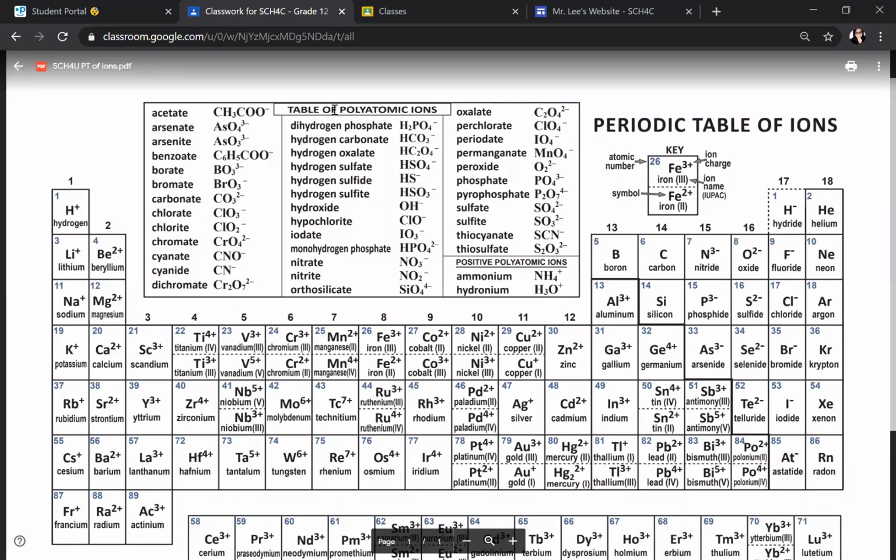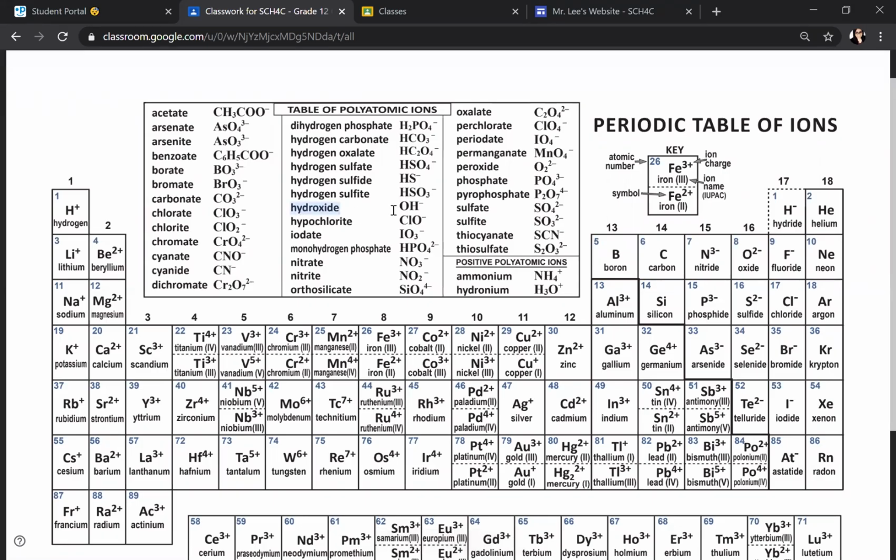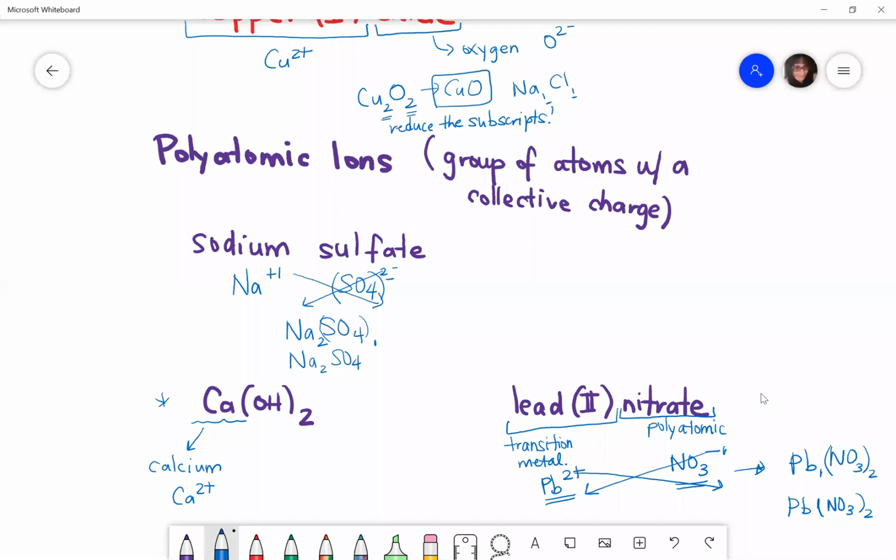This is one of your polyatomic ions. This time, let's take a look here. OH, right here. It's this thing, hydroxide. So it's an OH minus. So we're going to write that one down. Okay. So it exists as hydroxide.